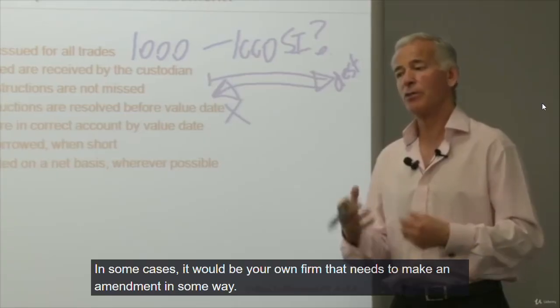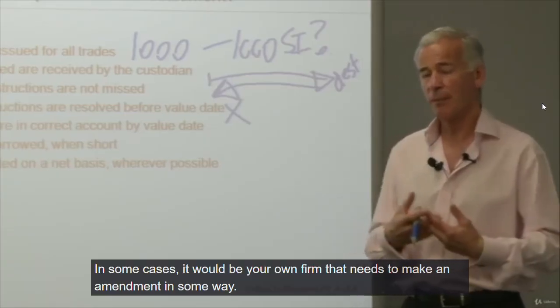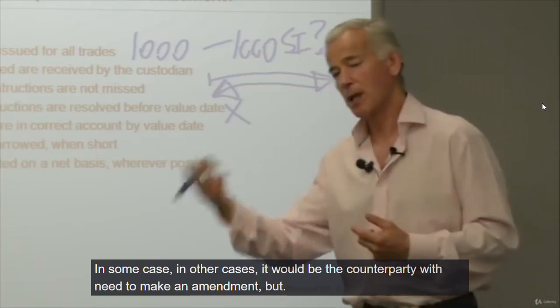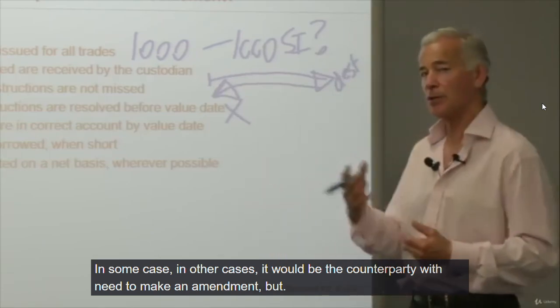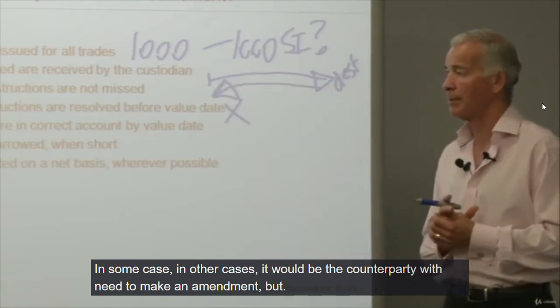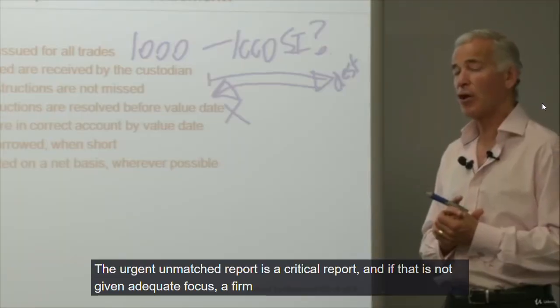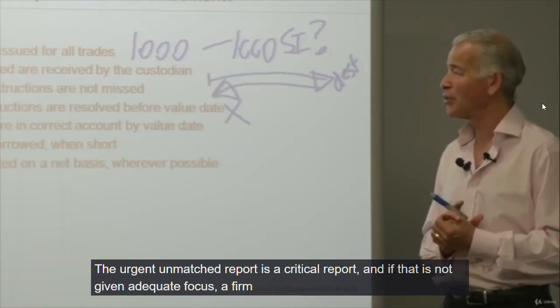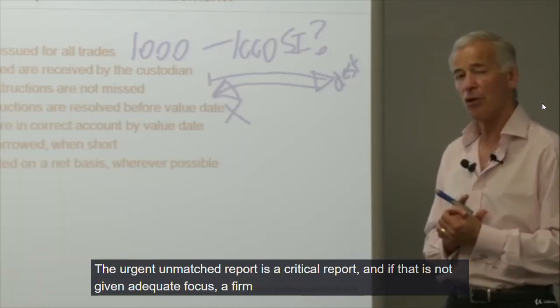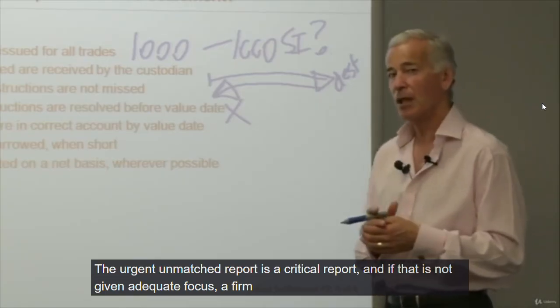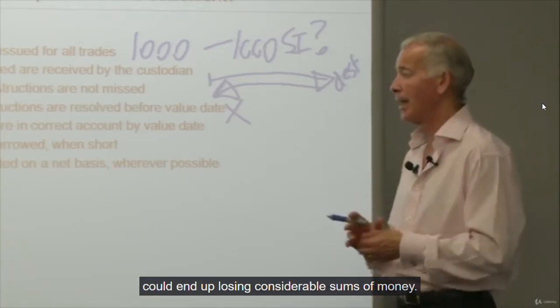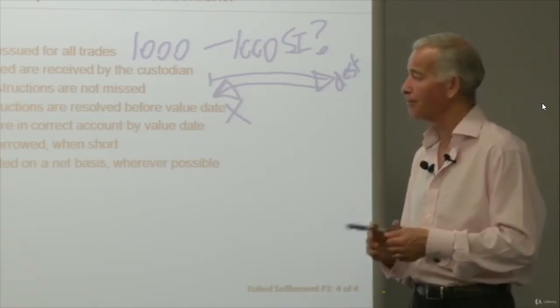In some cases, it would be your own firm that needs to make an amendment in some way. In other cases, it would be the counterparty who would need to make an amendment. But the urgent unmatched report is a critical report, and if that is not given adequate focus, a firm could end up losing considerable sums of money.